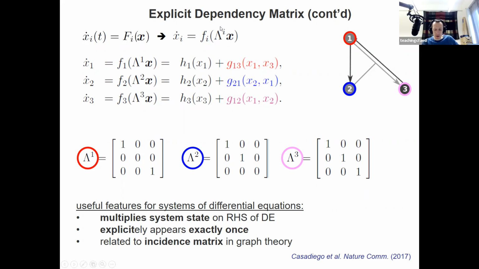It explicitly appears exactly once, like it's once here, and that's it. There's no higher order whatsoever so far. Like that, we just put it in here and all is fine. And it's directly related to the graph theoretical notion of incidence. The work in which this was introduced is first authored by Jose Casadiego and appeared in 2017.